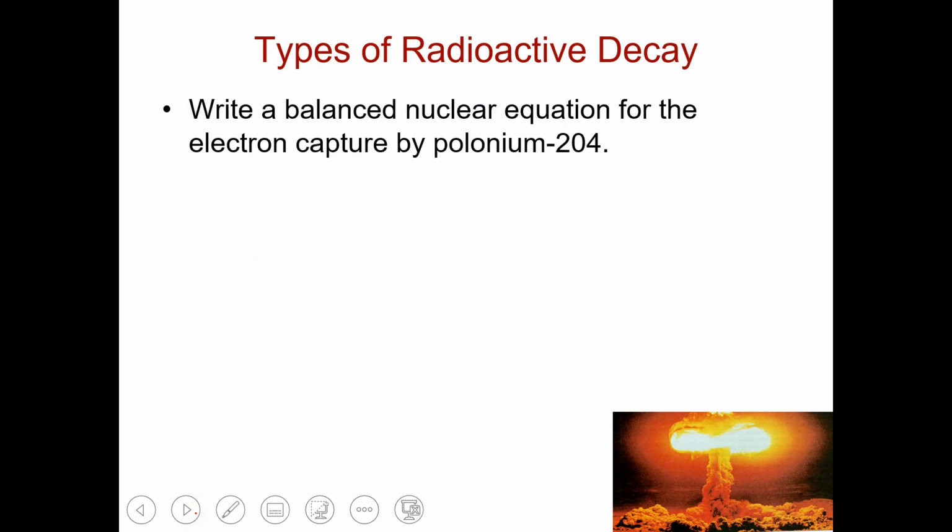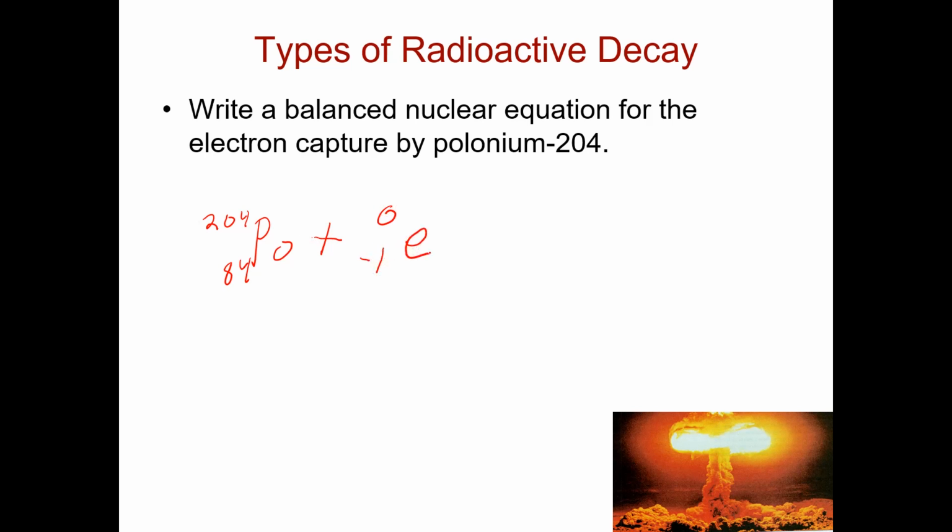So let's take a look at an example of electron capture. So we have polonium-204. If you look on the periodic table, polonium has an atomic number of 84. And we're going to do electron capture, which means the electron is now reactive.